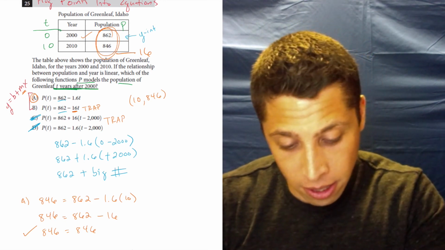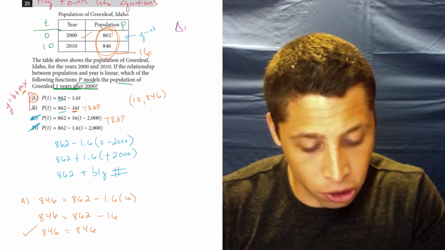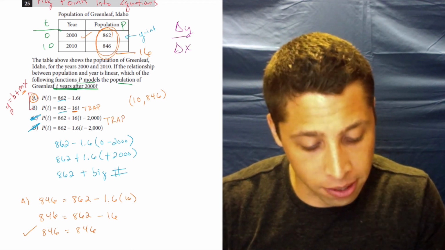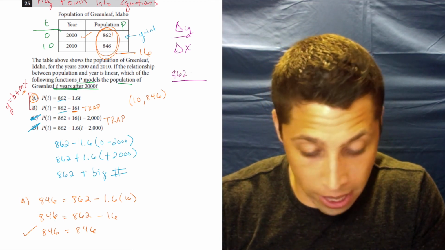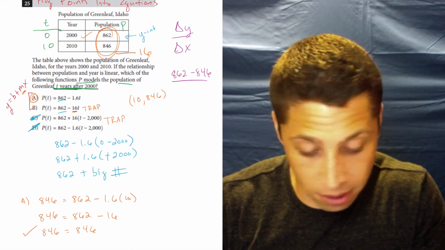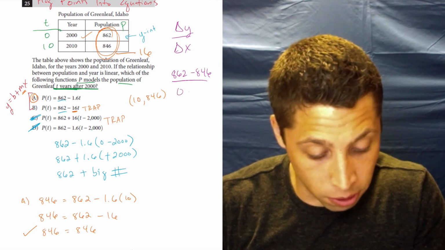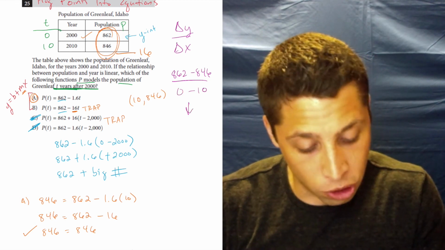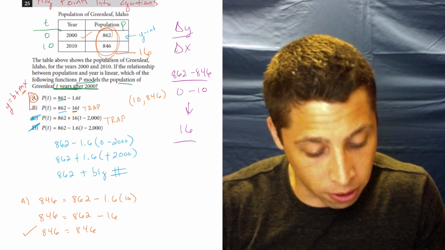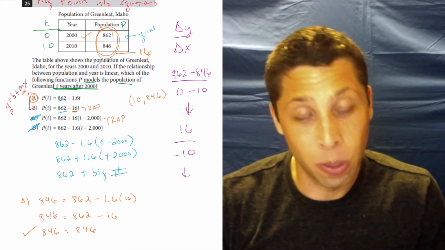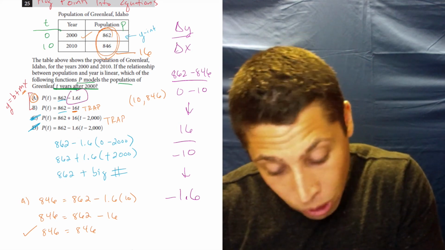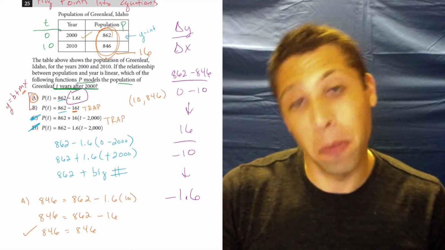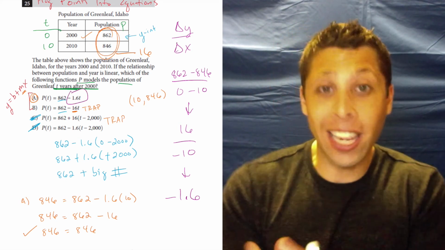So if we did the more classic change in Y over change in X, we would have 862 minus 846 over 0 minus 10, which is 16 over negative 10, which is, do it in your calculator, negative 1.6, which is the number that we saw as the slope in the correct answer. So it all fits together.